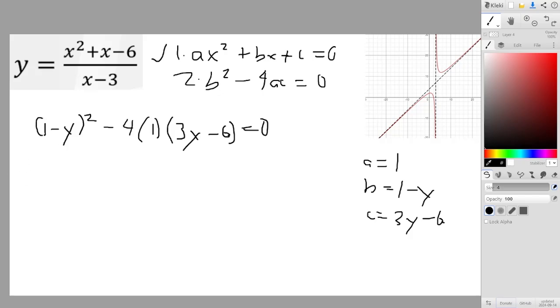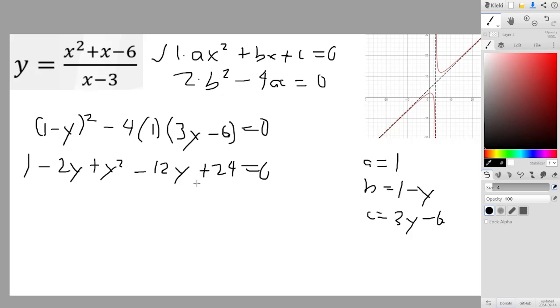So expanding this, we will have 1 minus 2y plus y squared. And then we can distribute 4 to 3y minus 6. So this will become minus 12y plus 24 is equal to 0.